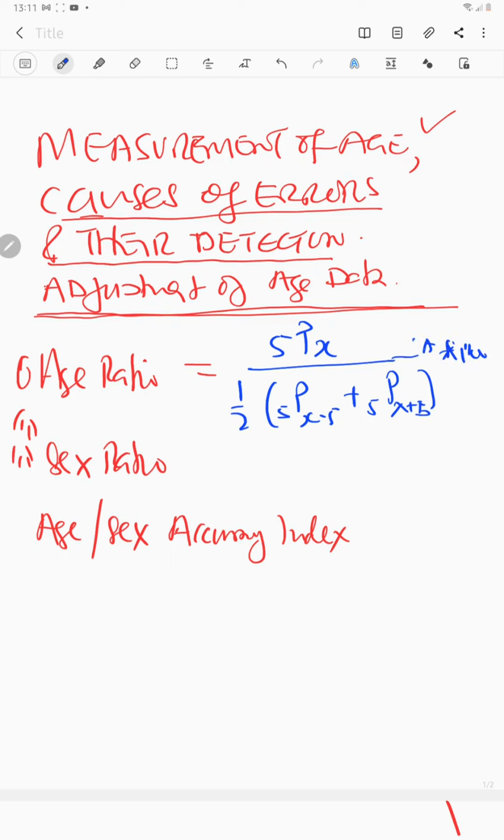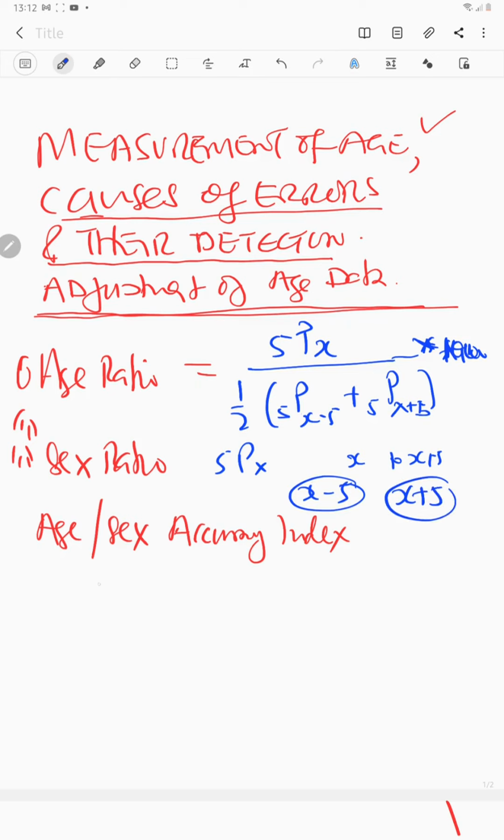So the radix is always 100 in this scenario, where 5Px is the age group of interest, which is measured demographically from x to x plus 5. It could be any age group, as long as the corresponding age is x minus 5. It means that you are taking the preceding age group, and then you are taking x plus 5, which is the following age group.